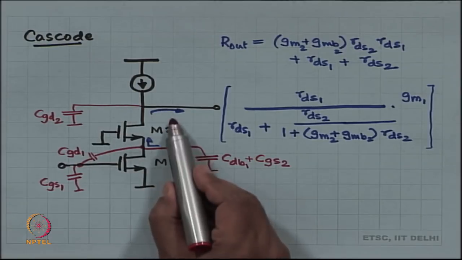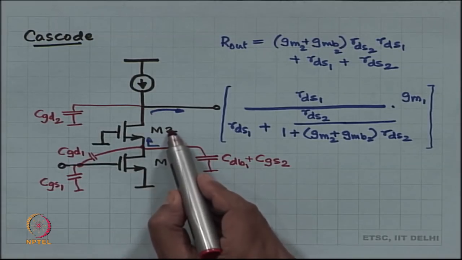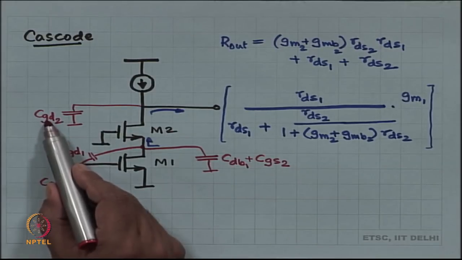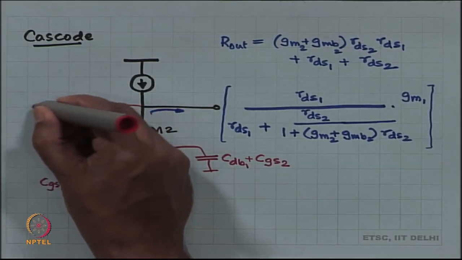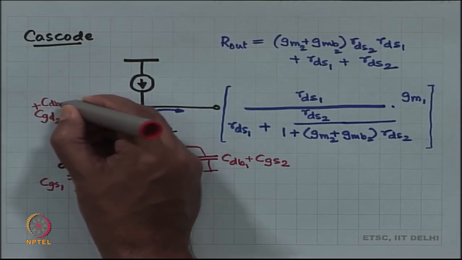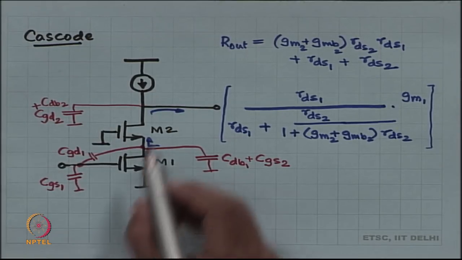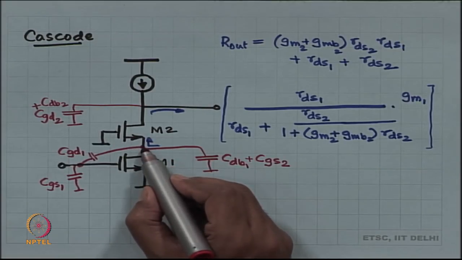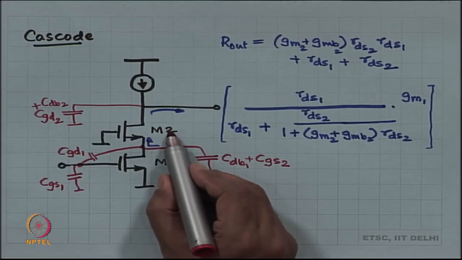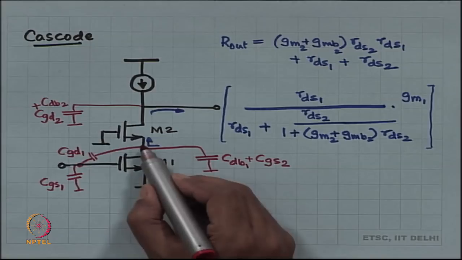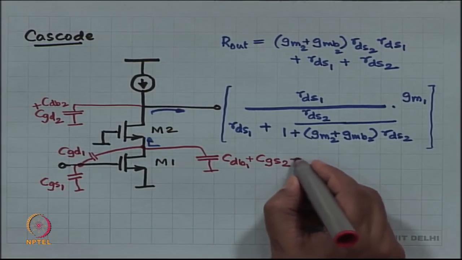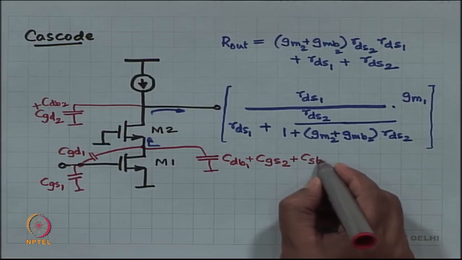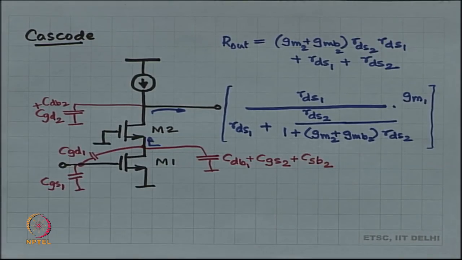Then we have C drain to body of MOSFET number 2 between drain and body, and that just adds up with CGD2. And lastly, we have C source to body of MOSFET number 2. Source to body, body is at ground, and we have a similar capacitor over here. So, it adds up. Is this okay? All right, great. So, these are all the capacitors.